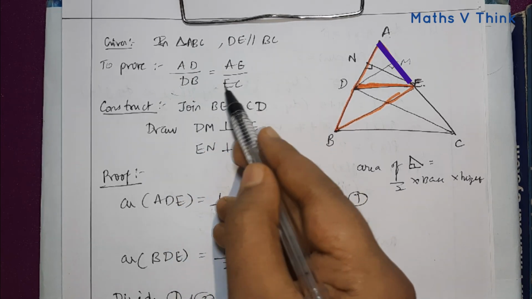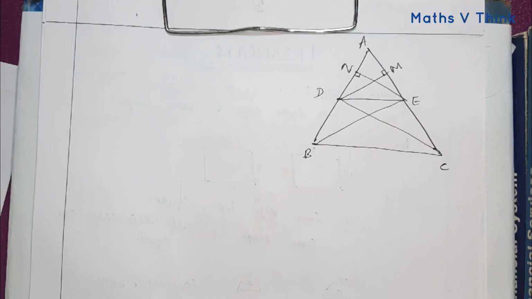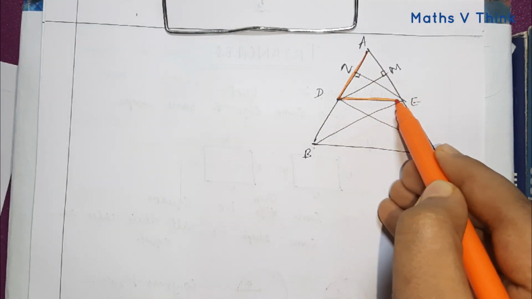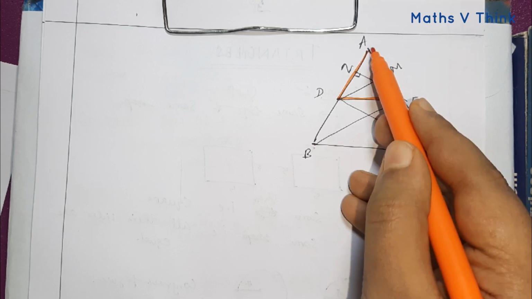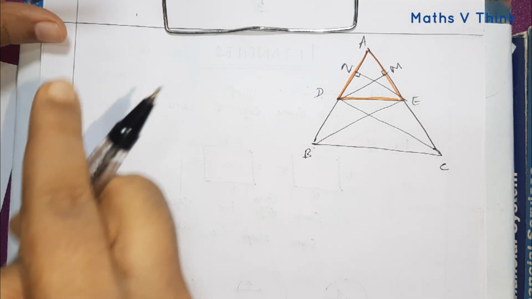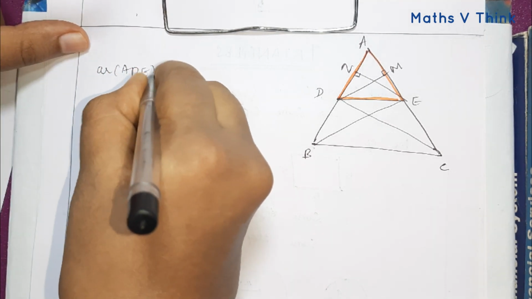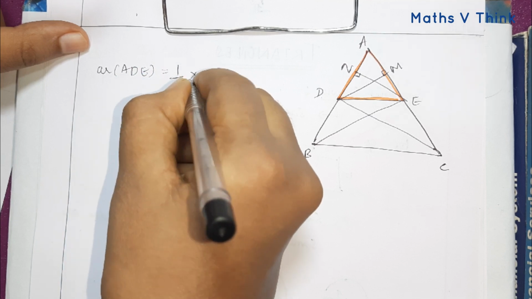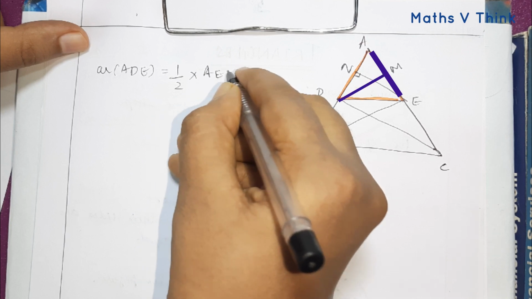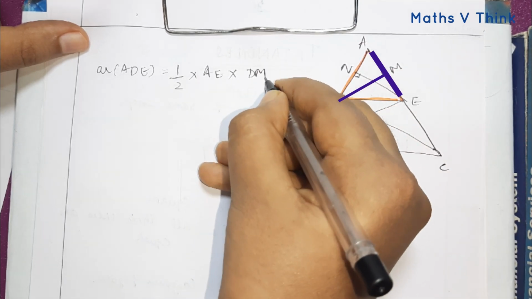Now we need to get AE by EC. Now we'll be taking the right side of the triangle. Now we'll be taking again triangle ADE, but now we need to keep the base as AE. So area of triangle ADE is equal to half into base, which is AE, into height, for this base this is the height, so into DM.